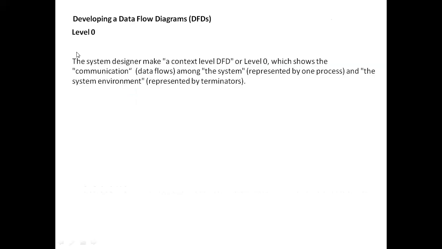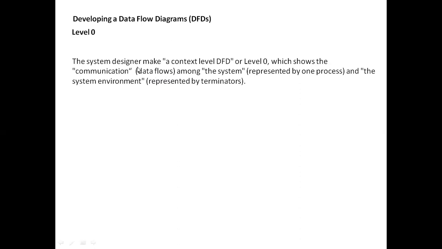For developing the data flow diagram or DFD, we have three levels of data flow diagrams. The first one is level 0. A level 0 data flow diagram can be called a context level. The context level identifies external entities and related inputs and outputs.